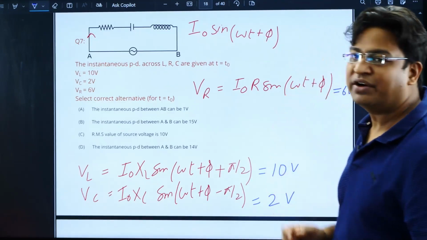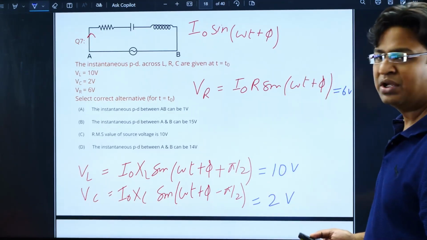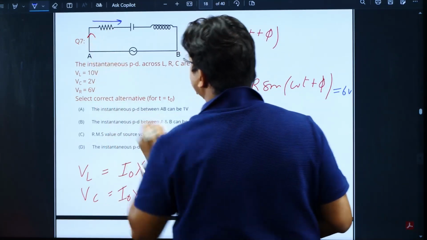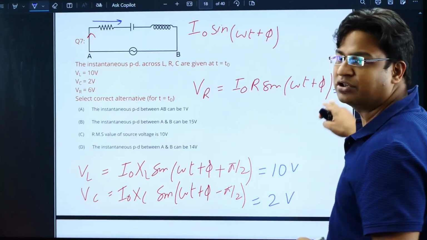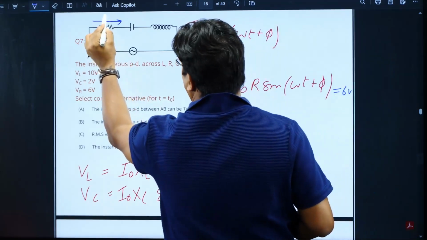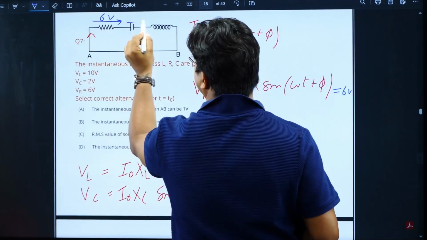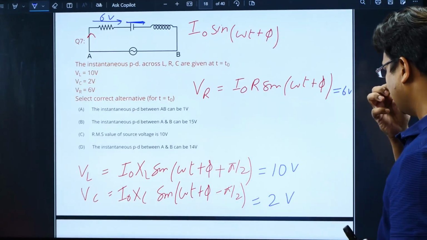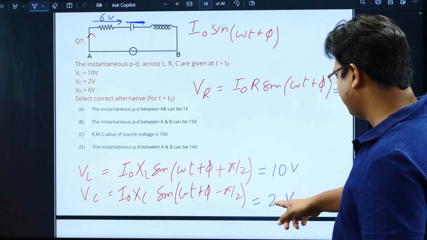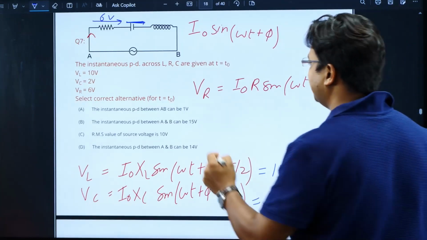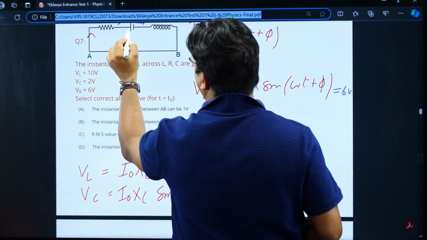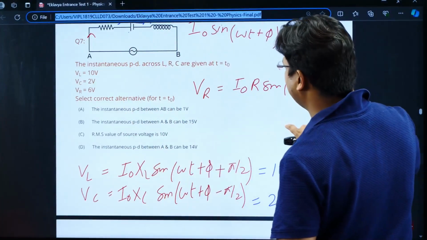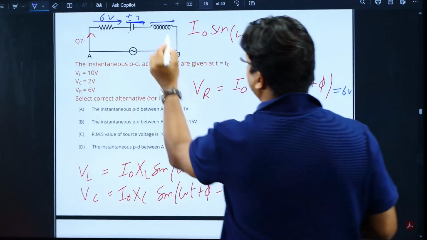When we are trying to write the instantaneous potential difference, when we cross the resistor, if there is a potential drop of 6 volt, then on crossing the capacitor this value can either be plus 2 or minus 2, and across the inductor it will be just the opposite of that, so minus 10 or plus 10.